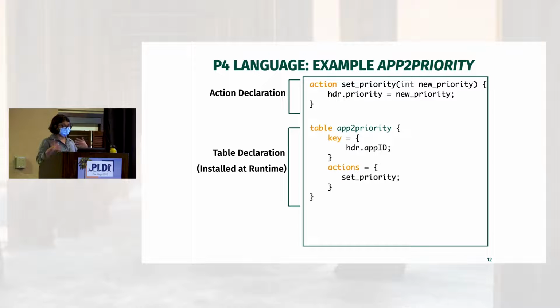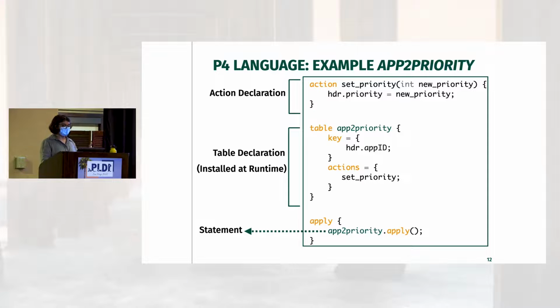Next, we'll have a table. Tables will have keys and actions. Keys are going to be your packet header fields. Operationally, a table would map values of your keys into the actions that need to be invoked. But there is a catch here. The entries in the table are not going to be provided with the P4 program itself, but rather would be installed at runtime by an external network controller.